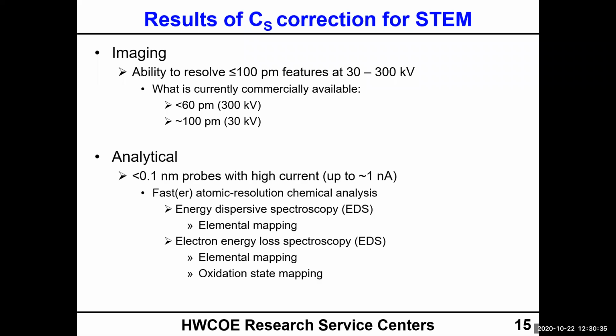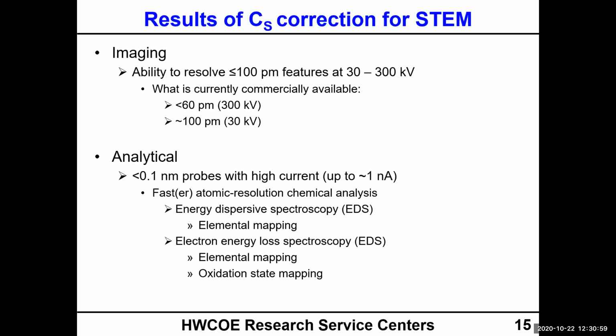The other is analytical. I'll go into this in a little more detail, but this is doing chemical analysis of your specimens. With CS correction, you not only can form a really small probe, but you can form one with a lot of current in it. This is really beneficial when you're trying to do chemical analysis, and this enables faster analysis.